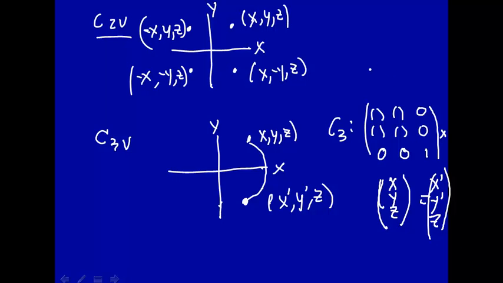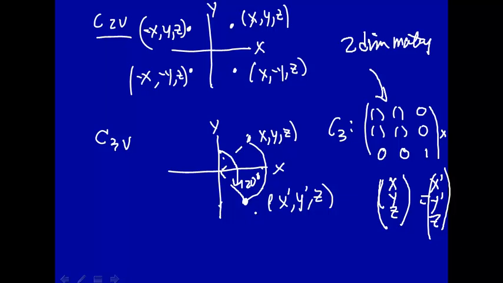So you need a two-dimensional matrix to describe a C3 rotation where you go 120 degrees. So this would be 120 degrees. Rotate there.